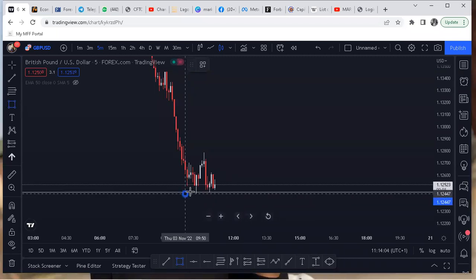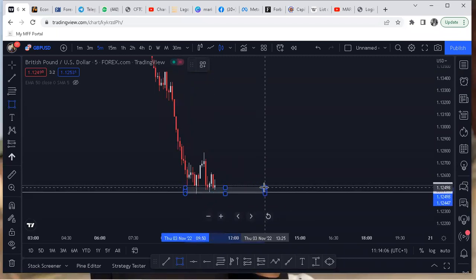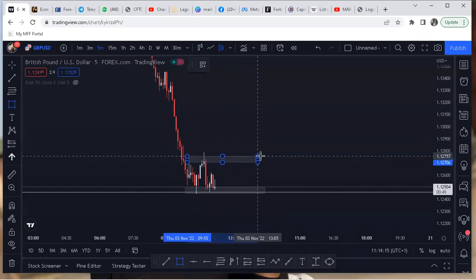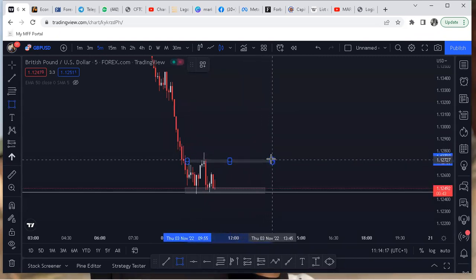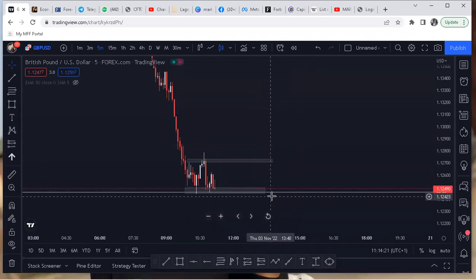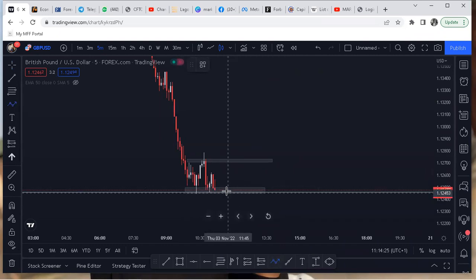So this is one very strong level, and this is another very strong level. Upon the break and retest of either of these two zones, we'll go in, either you buy or you sell. If it breaks below and retests, 15 minutes time frame, 5 minutes time frame.